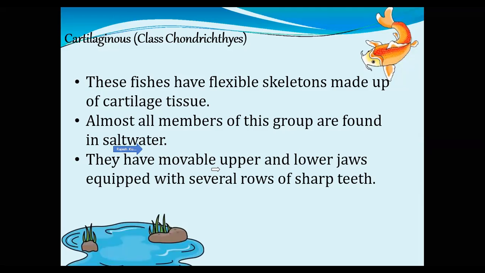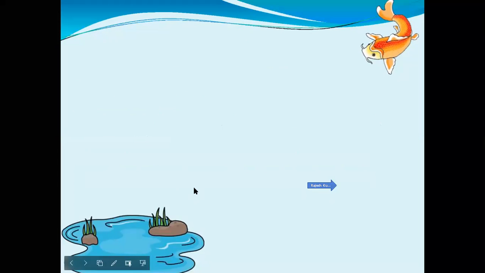They have an upper and lower movable jaw. The upper movable jaw and lower movable jaw can move up and down. And they have teeth, several rows of sharp teeth. These teeth are bone. Other body parts are cartilaginous. In this way, the shark is also a cartilaginous fish.